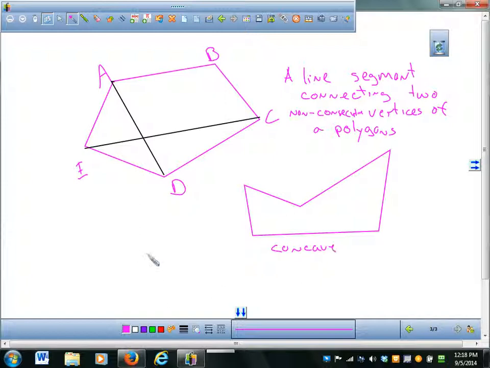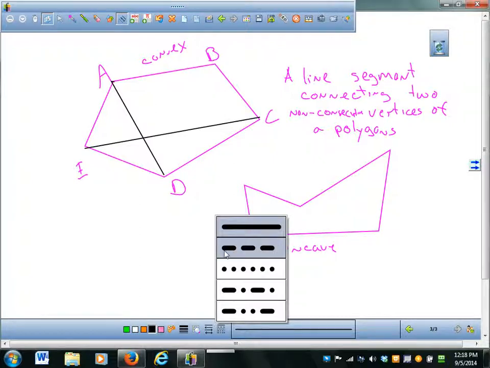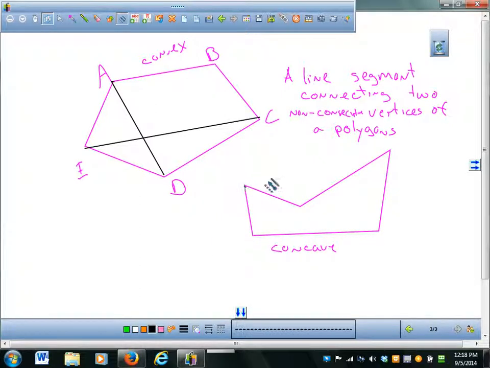Concave, because it's got a dent in it. This is called convex. With a concave polygon, you can have diagonals that are outside of the polygon. A very good question.